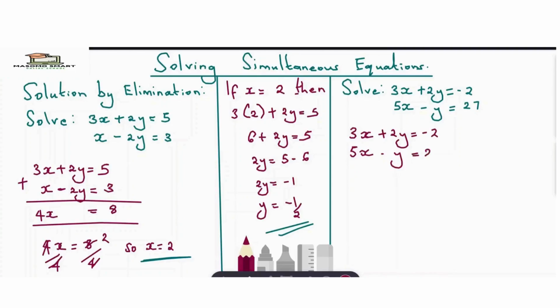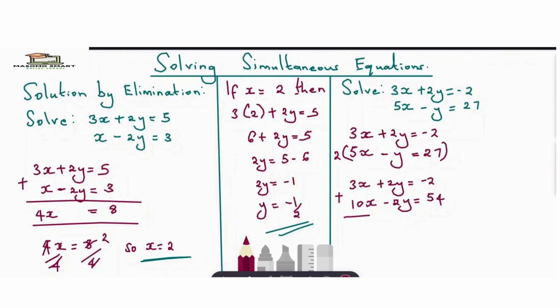In this case, I want us to have the variable y as the one we will work with. To make them equal, we just need to make the second equation have a 2y, which is possible by multiplying it by 2. And when you multiply by 2, you multiply across the whole equation.